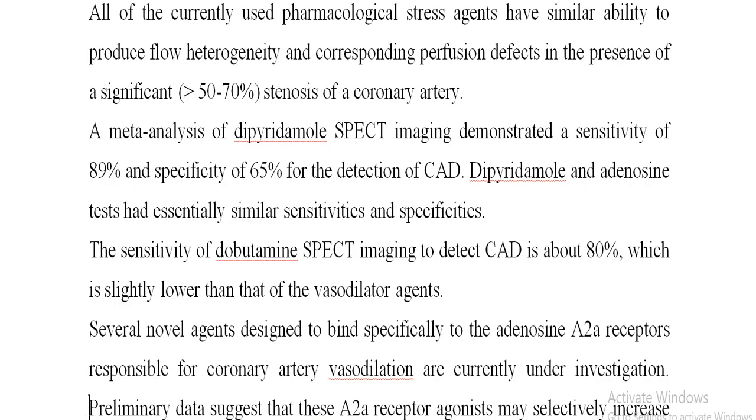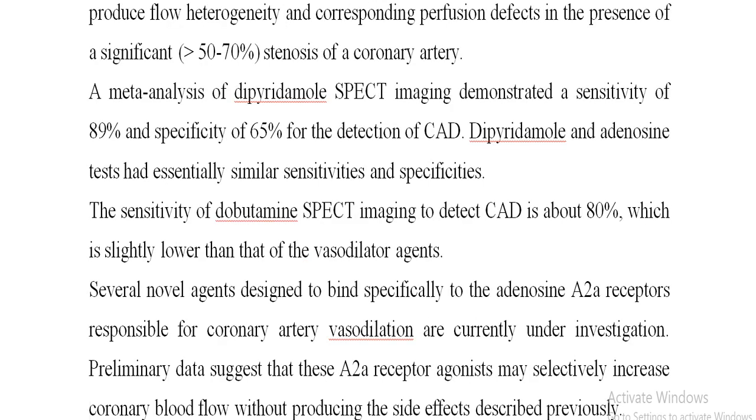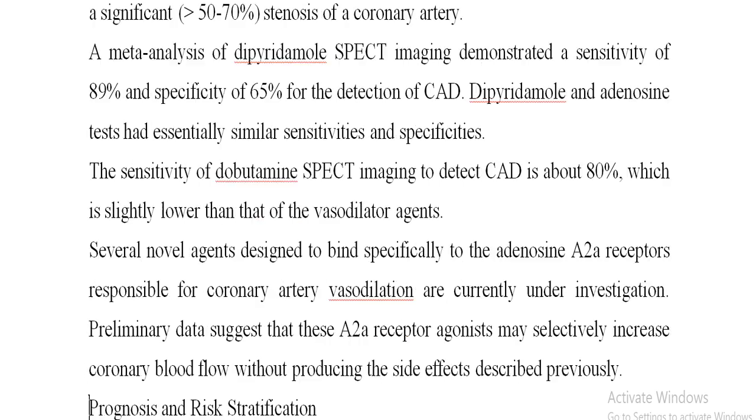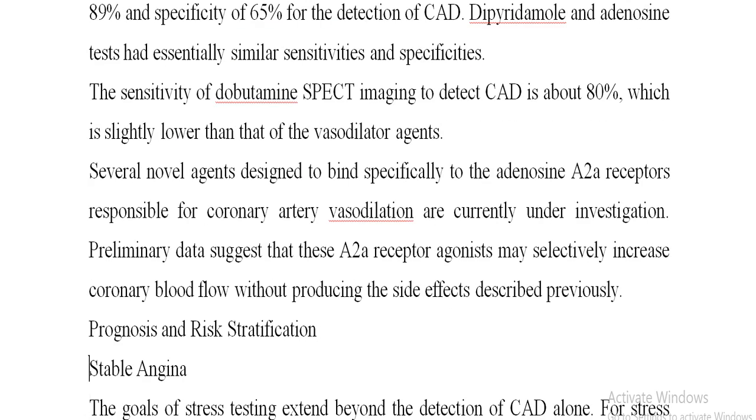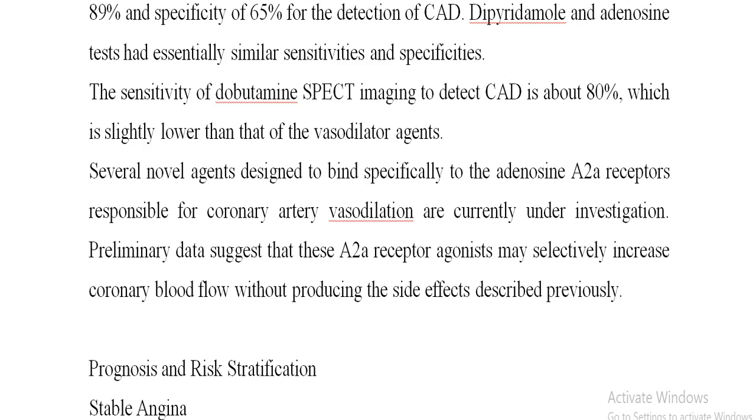Several novel agents designed to bind specifically to the adenosine A2 receptors responsible for coronary artery vasodilation are currently under investigation. Preliminary data suggest that these A2 receptor agonists may selectively increase coronary blood flow without producing the side effects described previously.